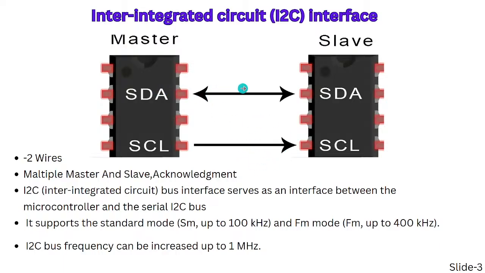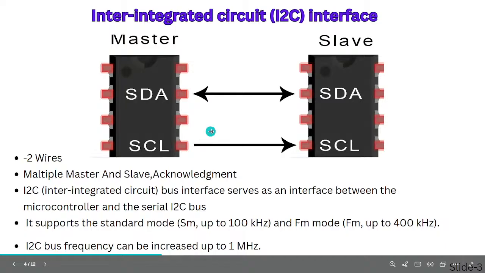Data can be transferred between the master and slave devices. Everything is controlled by the master. Here we can use many slave devices and many master devices. That's why we say multiple masters and multiple slaves, and acknowledgement can be used in this case. Only two words are used: START and STOP.